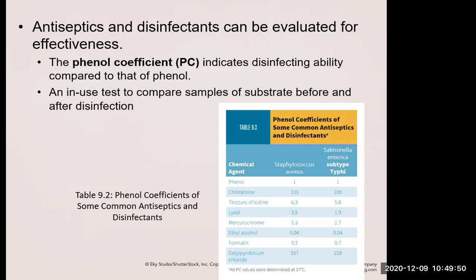Okay, so how are we going to tell how effective a chemical is? One way is the phenol coefficient. So going all the way back to Joseph Lister and his phenol. Again, carbolic acid, phenol, same thing. So we're going back to that as a standard. The way this system works is if something is more effective than phenol, we're going to give it a number greater than 1.